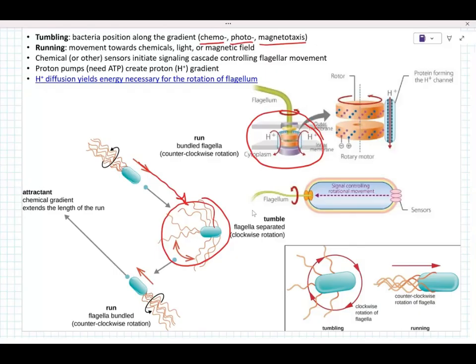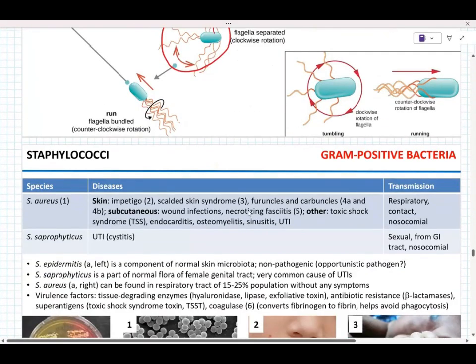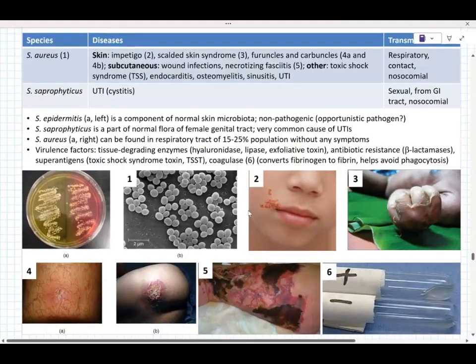If bacteria end up in an environment with suboptimal pH, it may lose the ability to move because of a disturbed concentration gradient. But it's a movement of hydrogen ions, a diffusion of hydrogen ions, very much like in oxidative phosphorylation, that facilitates the movement.